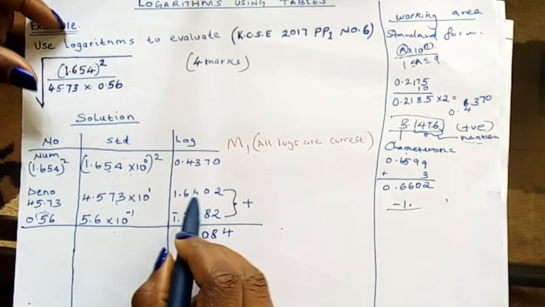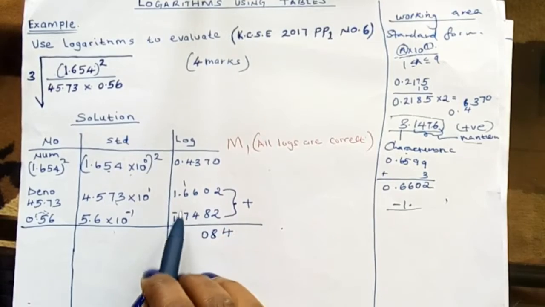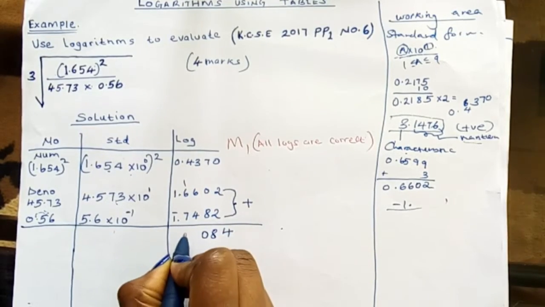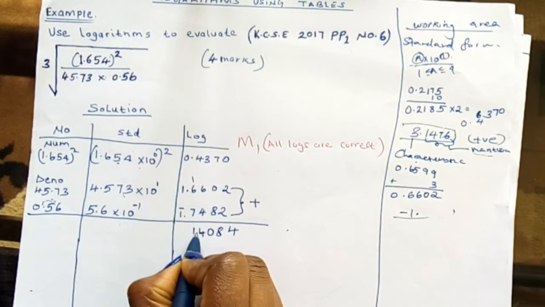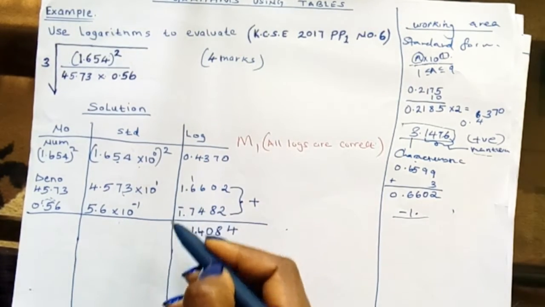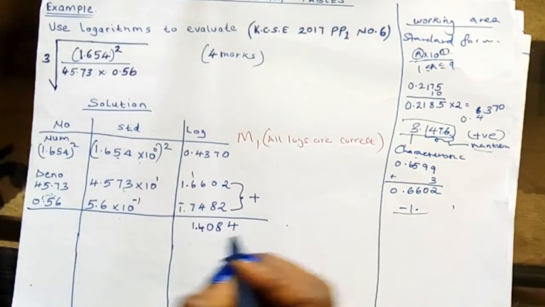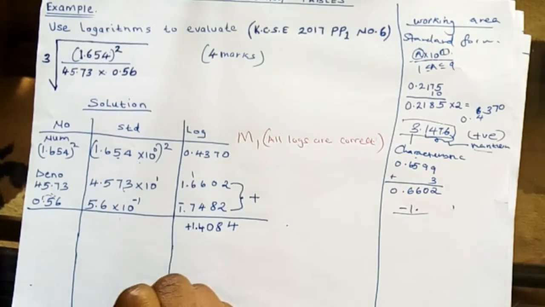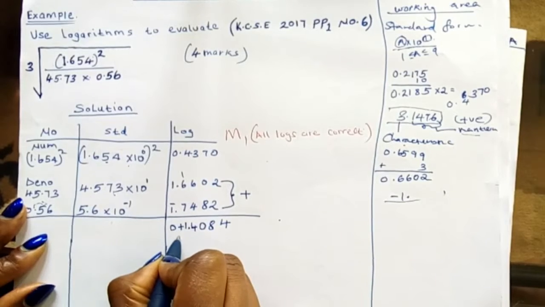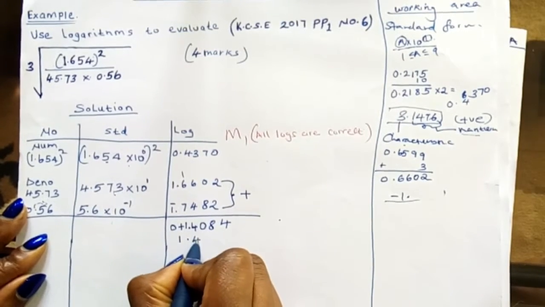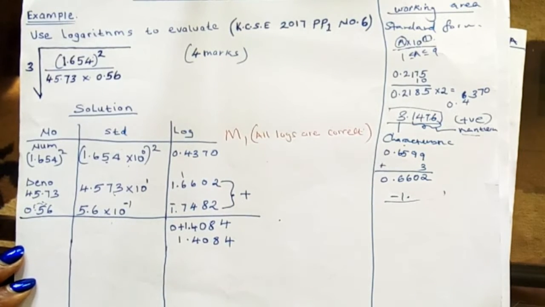So we write 0 carry 1, 6 plus 7 is 13, 13 plus 1 we carried, it's 14, so I will write 14 here, but remember the decimal point is over there. So 1 plus negative 1 is 0, but remember mantissa is always positive, so we have 0 there. So 0 plus 1 is 1.4084. So that is what we have.